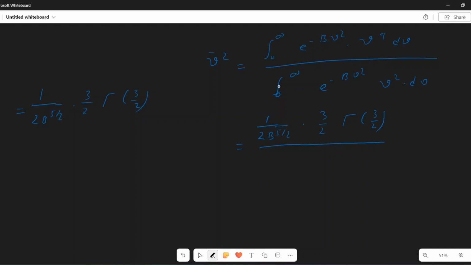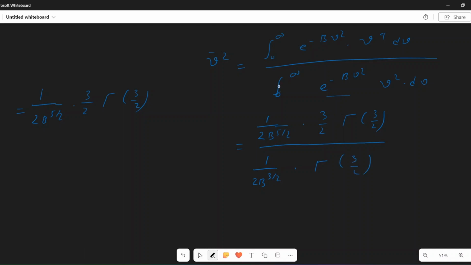The second we already did in our previous part, when we found the value of a, and that was 1 by 2b to the power 3 by 2 into gamma function of 3 by 2.